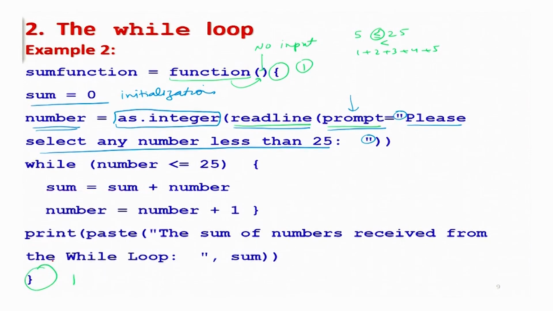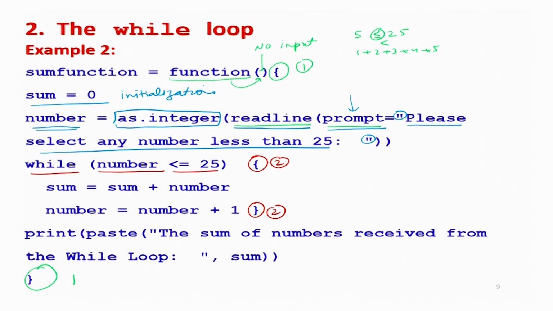After this I write down the conditions I want to execute under the while loop. I write while, and I give a condition that as long as the number is less than or equal to 25, execute these statements. What are those statements? They are written inside curly bracket number 2.